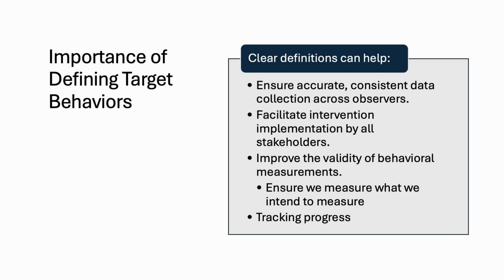And so then our data is not accurate and isn't reflecting what we want it to reflect. And so we might have a great intervention that we spent so much time developing, but our definition is poorly written, and so we can't look at the data to see the effects of the intervention. So it makes it very difficult for us to track progress.